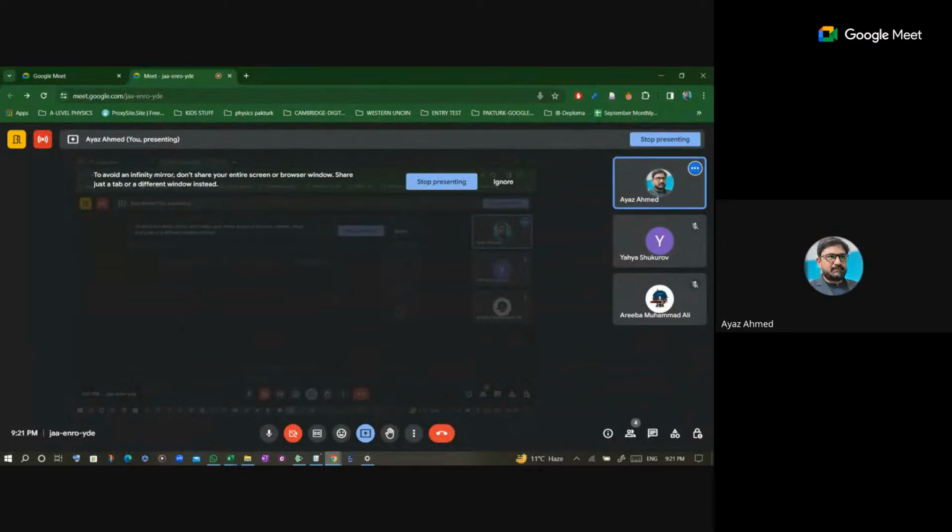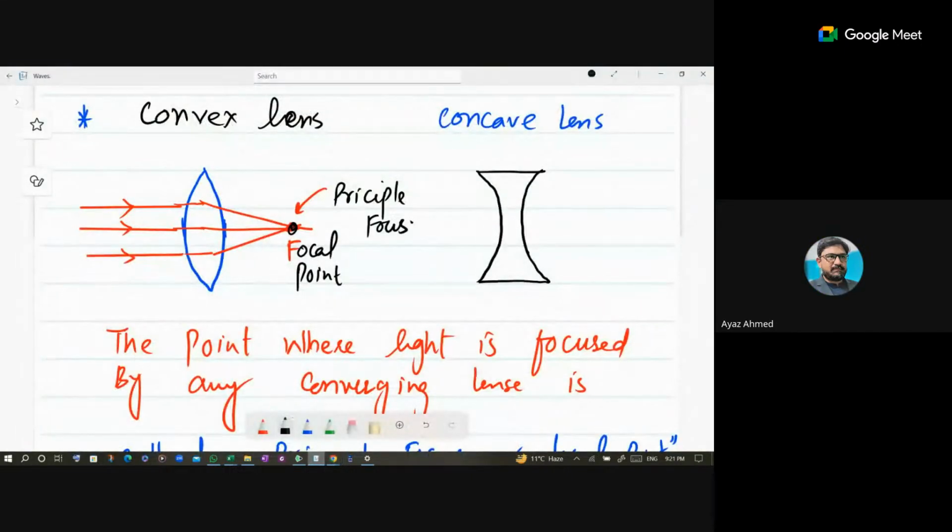Okay, go back to the point. When I throw the light on this diverging lens, it will appear that light is coming from a single point. This is called its principal focus, because I'm looking from the front of the lens, so I will say that light is emerging out from this point.